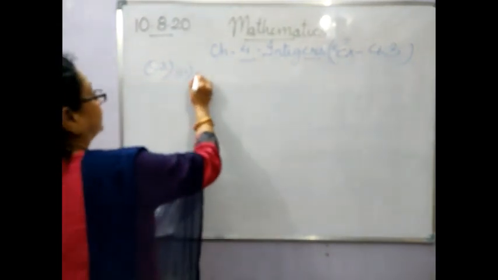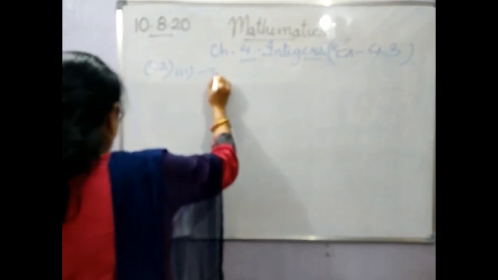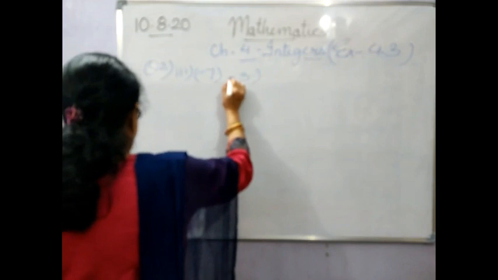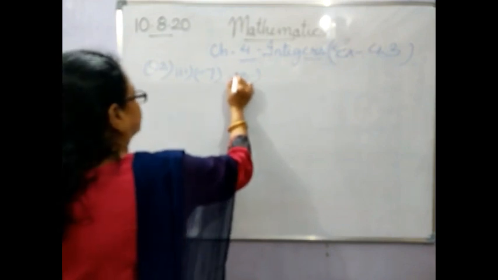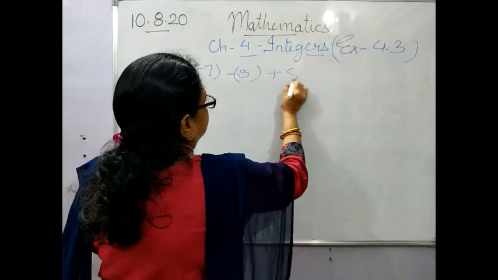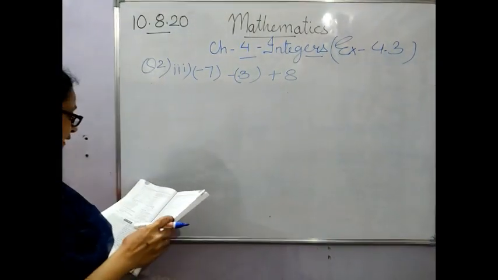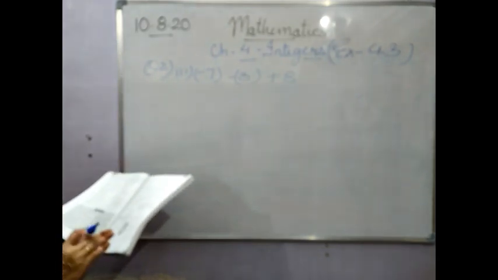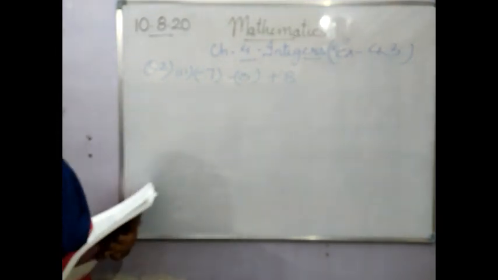It is minus 7 bracket minus 3, and plus 8. Minus 7, minus 3 and plus 8. First of all, what is the first step?